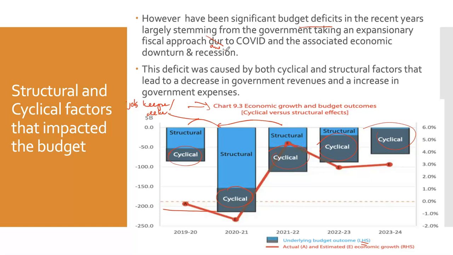This deficit was caused by automatic stabilizers, cyclical, so we'll write that here, automatic, but also a conscious decision by the government to apply discretionary stabilizers to try and really drive economic activity. This led to significant decreases in revenues and significant increases in expenses. And it's because the government realized these real troughs that we're experiencing needed some budget intervention.